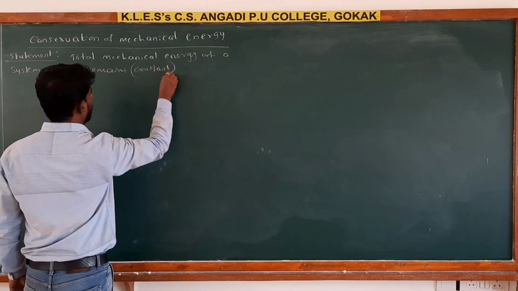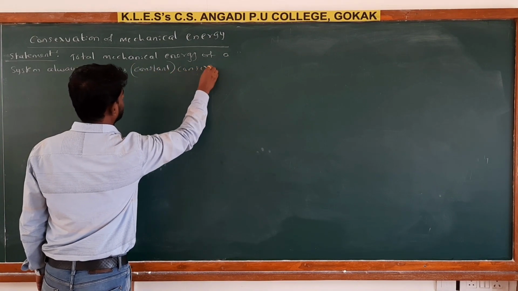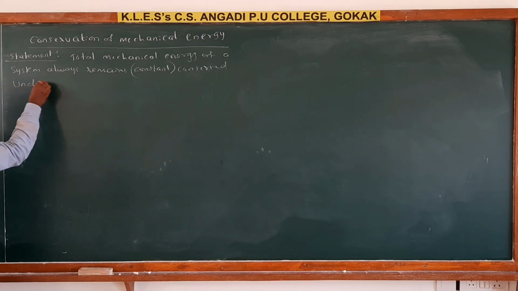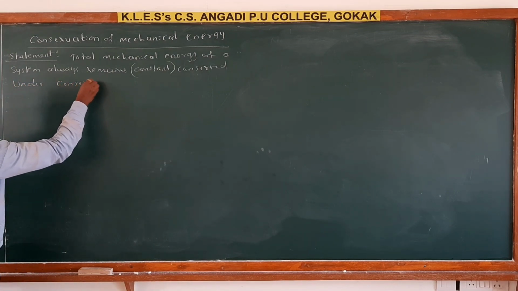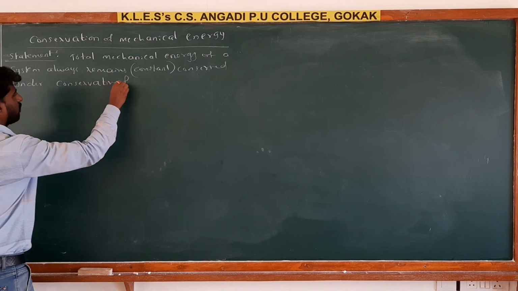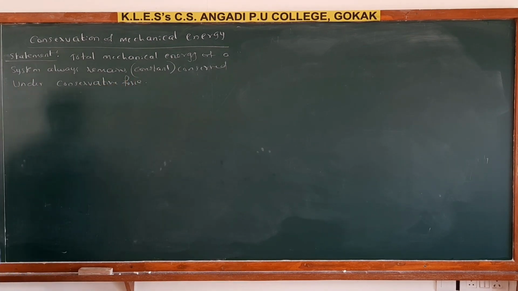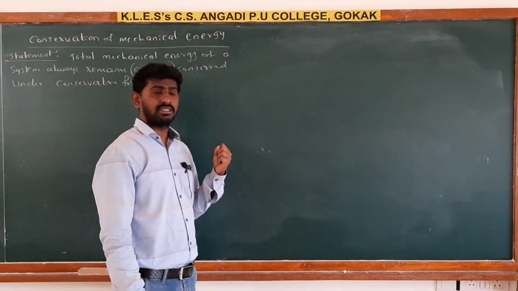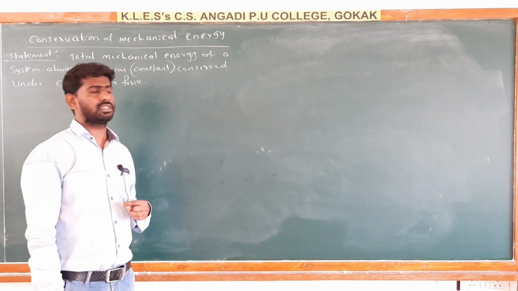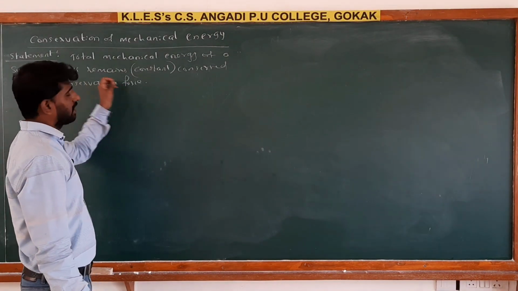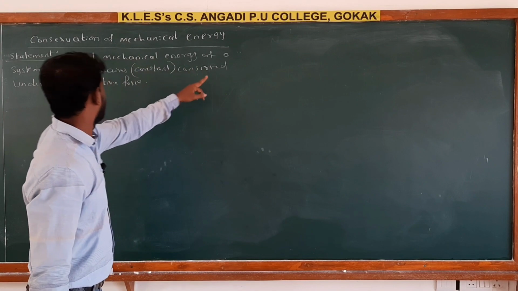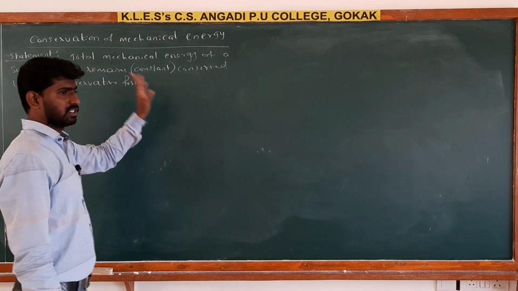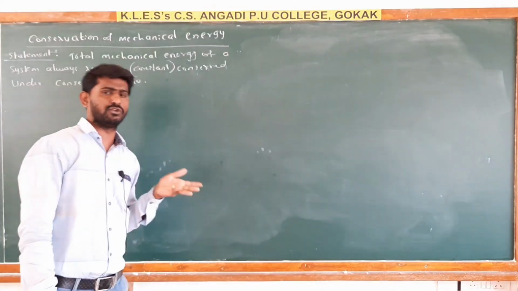And there should be a condition to say conserved, so that condition is under conservative forces. Okay, if that energy is associated with the conservative forces, then we call that mechanical energy is conserved. So the mechanical energy of a system is always conserved under conservative forces.